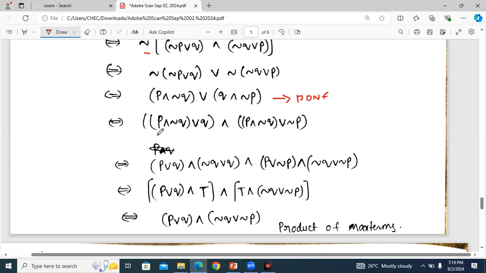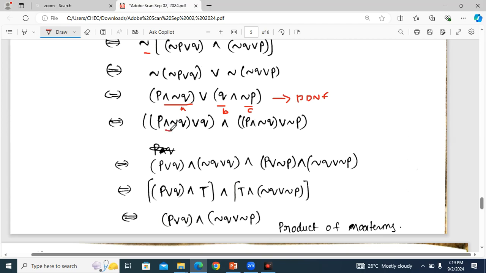So P and negation Q or Q. So let it be A, B, C. So this is in the form A or B and C. So A or B, P and negation Q or Q and P and negation Q or negation P.